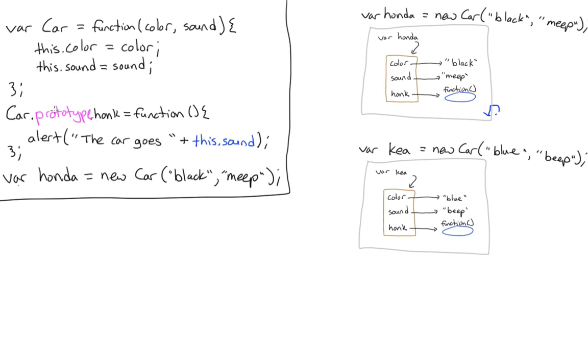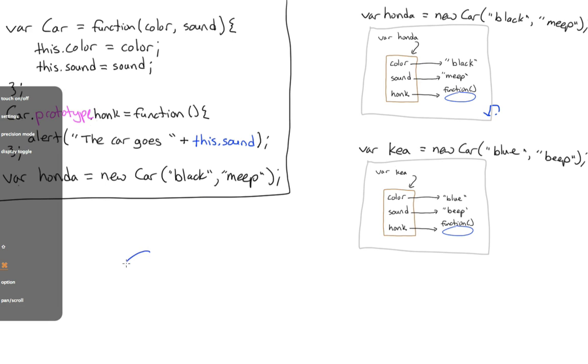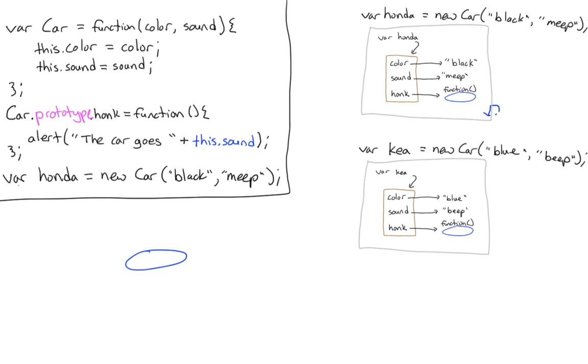However, because we're going to work with prototypes, that function is going to look a little different in our diagram. The function itself has not changed, but we're going to draw some more specific things because we care about the prototype.